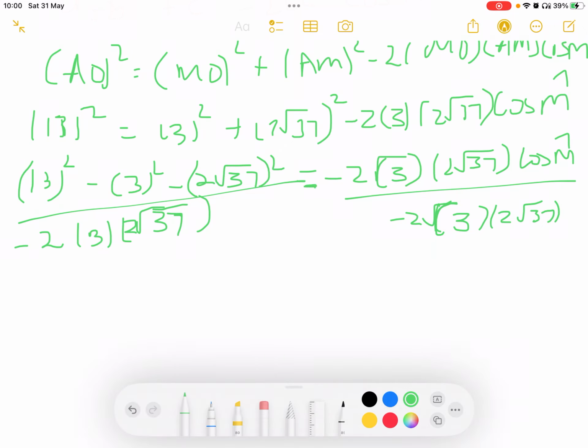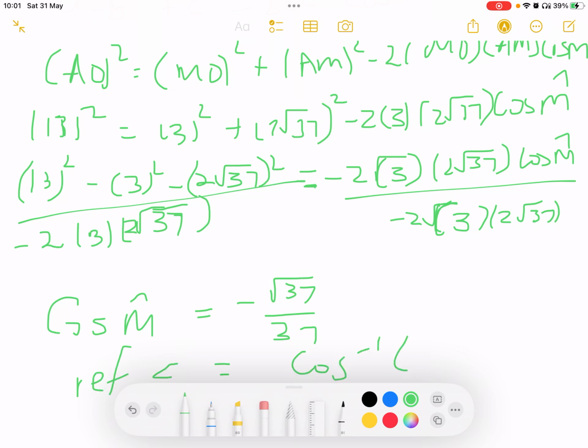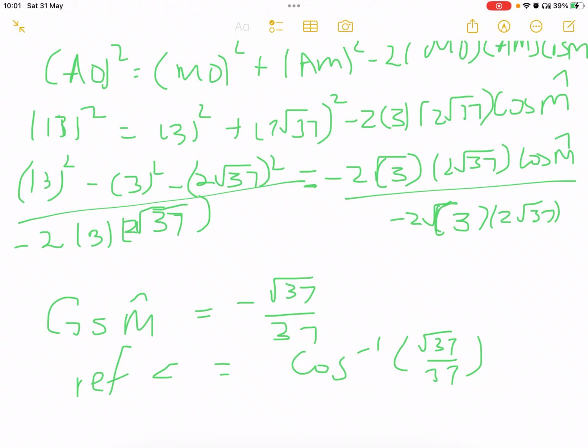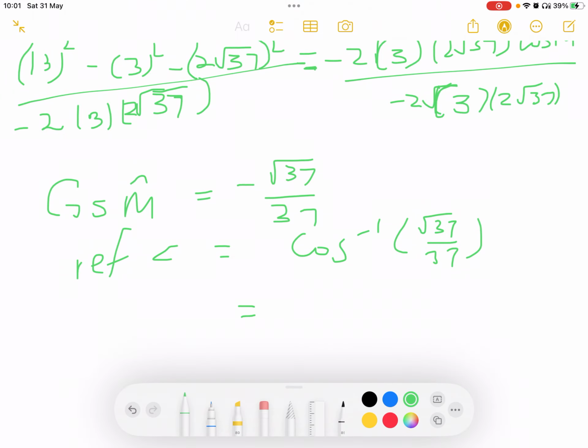We're going to be left with cos of M is equal to negative square root of 37 over 37. Then we look for the reference angle, which is equal to arc cos of the positive one, which is square root of 37 over 37. And we get 80.54 degrees.